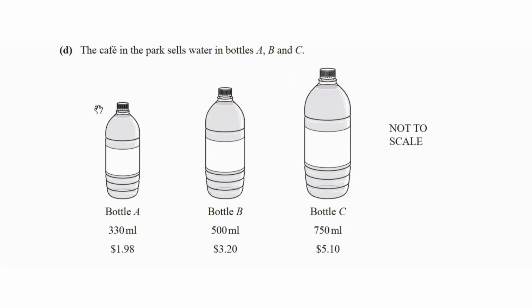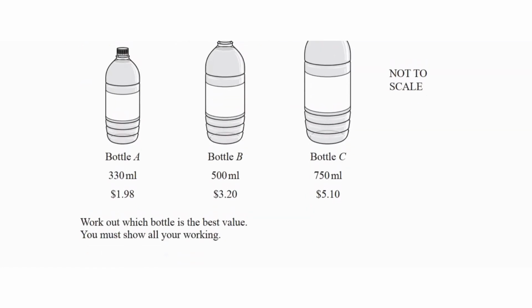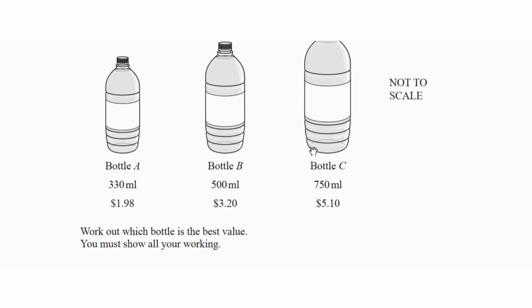Part D says the cafe in the park sells water in bottles A, B, and C. Work out which bottle is the best value. You must show all your working. To figure out which bottle is the best value, we need to find the cost of 1 ml for each. If 330 ml costs $1.98, then 1 ml for bottle A is 1.98 divided by 330, which gives us 0.006.